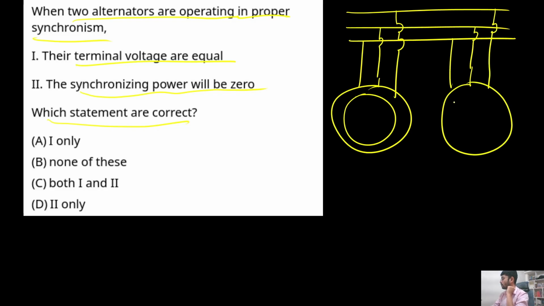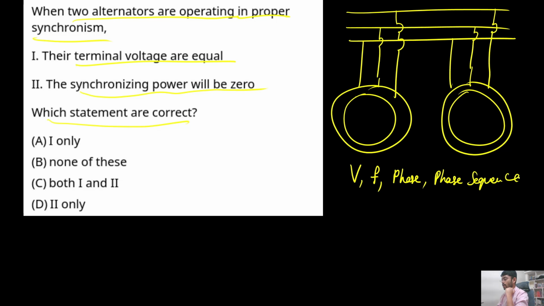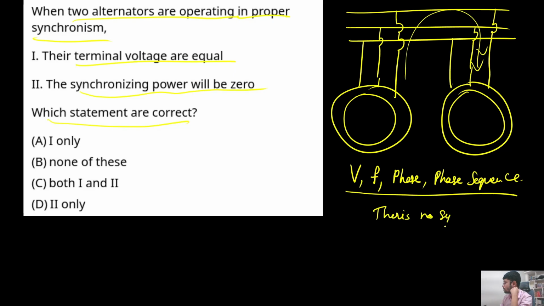So what are the conditions for their parallel operation? One is the terminal voltage should be the same, frequency should be the same, phase should be the same, and phase sequence should be the same. It means whenever all of these are the same, they can be synchronized and connected to the grid. When both are in synchronism, there will not be any circulating currents, so there is no synchronizing power.